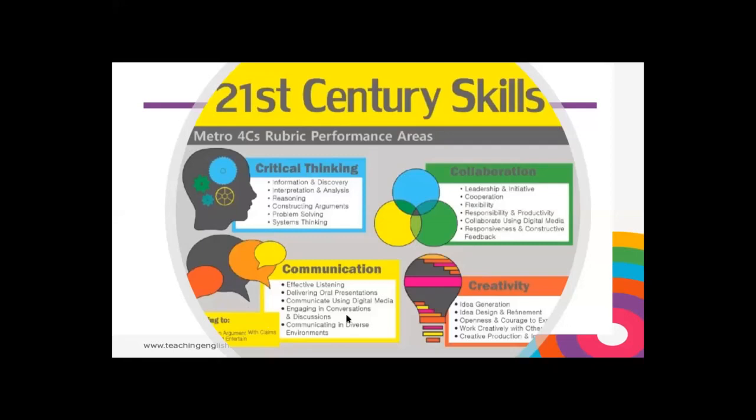Okay. The last C is creativity. Of course, you know creativity. What is the meaning of creativity, or what are the skills to make our learners have creativity at our school? How can they be creative? How can we make our learners creative?